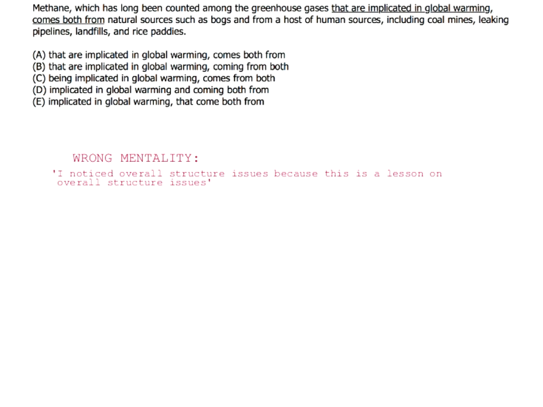So the right mentality that you want to have is, even if you have to construct this in retrospect, from noticing something, I knew to think about overall structure issues.